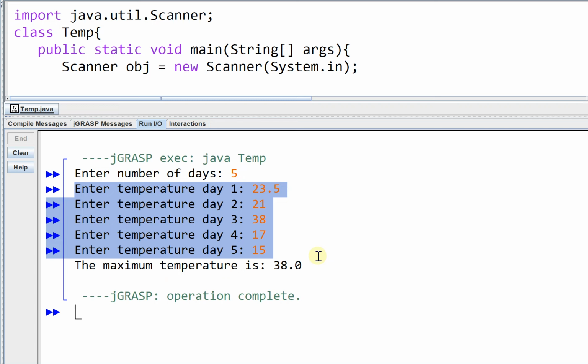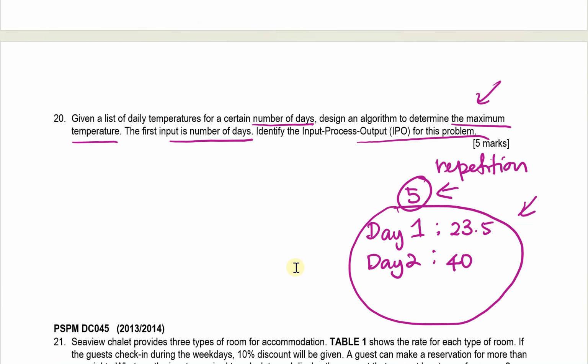Let's say you enter 10, it means you have to enter the temperature for 10 days. That's why this one is a repetition, because it will repeat the number of days, 5 times. Next, how to write the IPO for this question?